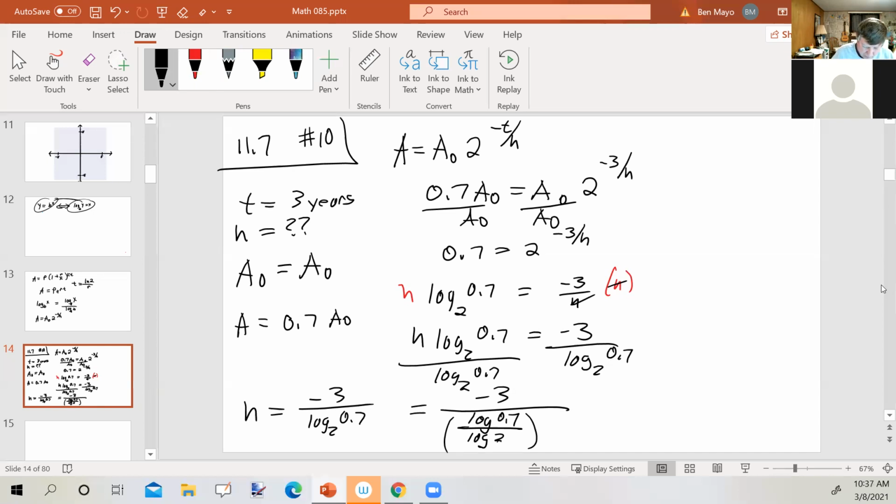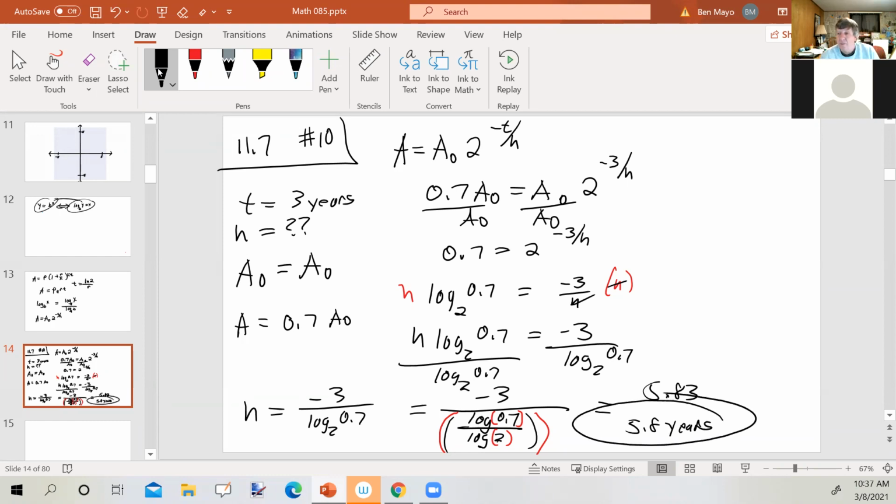So let me see here. Where have I got parentheses? I've got parentheses here and here and here. Okay. My answer is coming out to be 5.83, et cetera, et cetera. And it said round your answer to one decimal place, so 5.8 years.